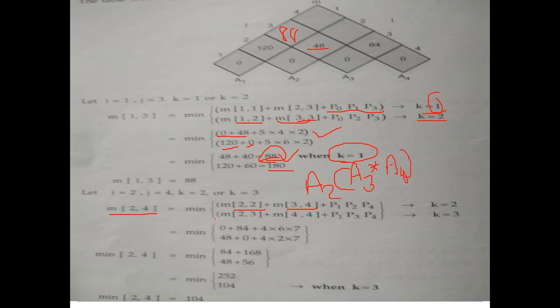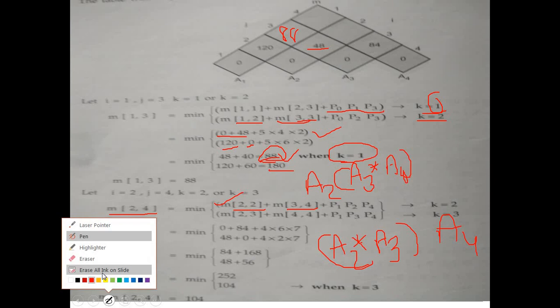Okay, so the first way is this. The second way says the multiplication of A2 and A3 first, and after getting its result we will multiply it with A4. So two ways are here for finding the multiplication of 2, 3 and 4. Here 1, 3 says multiplication of 1, 2 and 3. Here 2, 4 says multiplication of 2, 3 and 4.